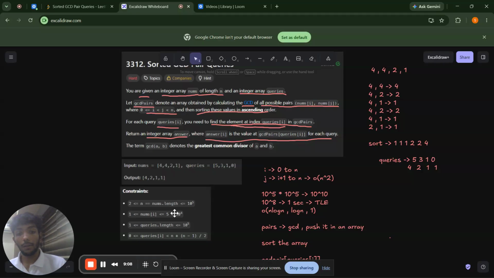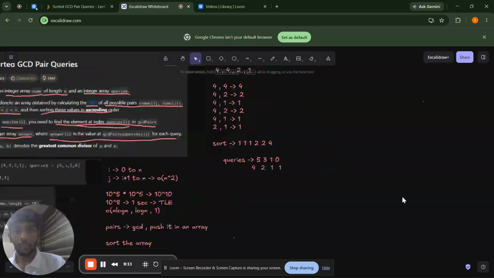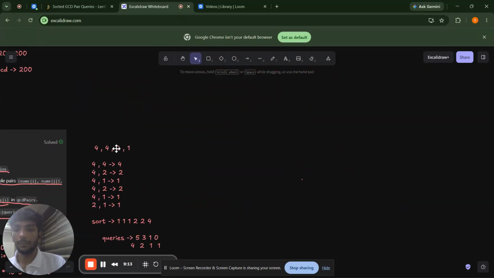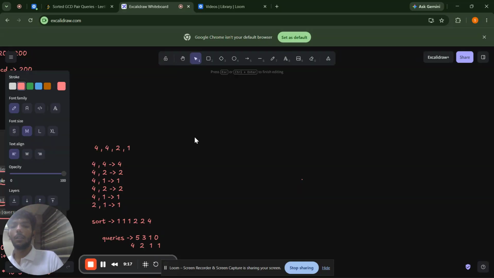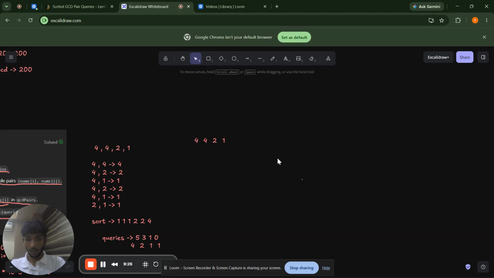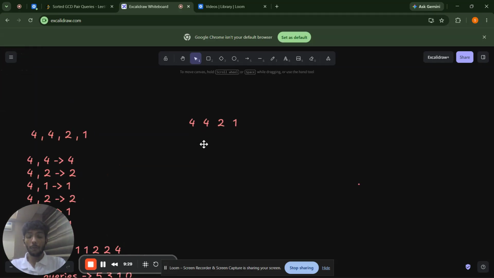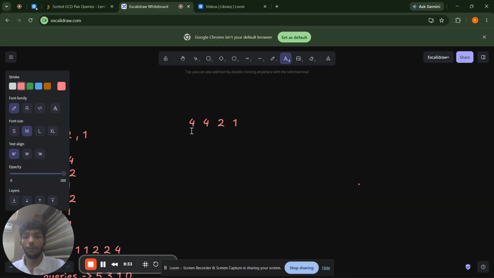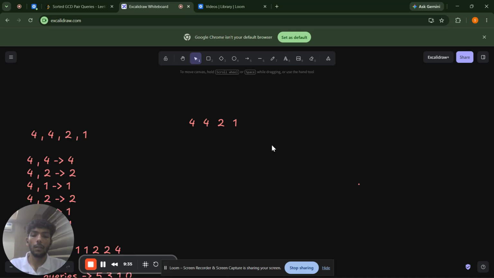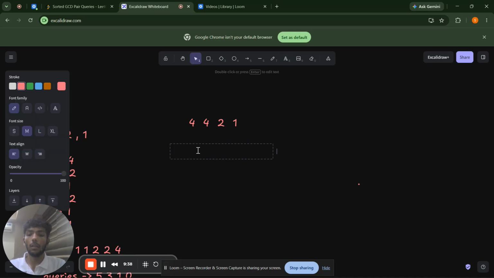So what we can do is take the same example here: 4, 4, 2, 1. If we want to find the GCD, the main thing is the factors.